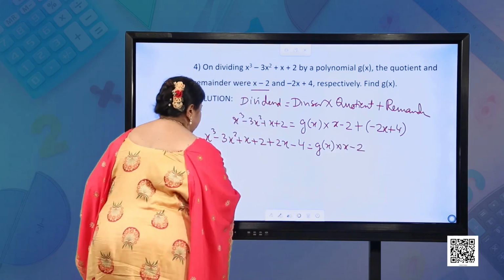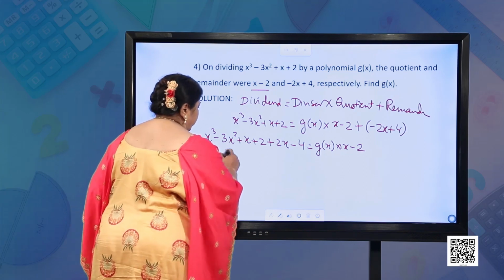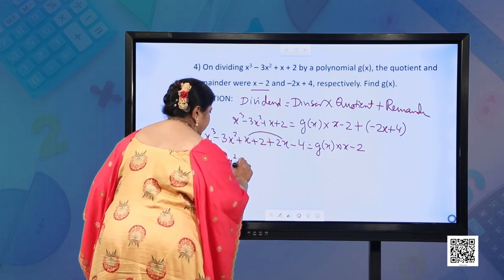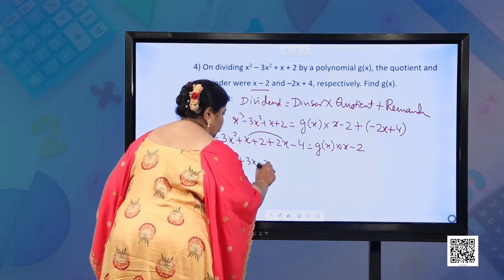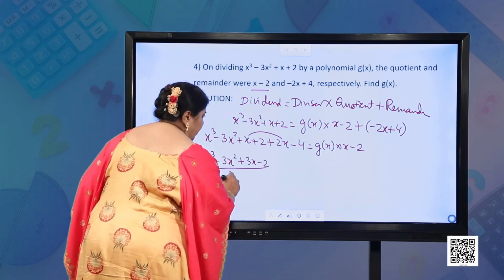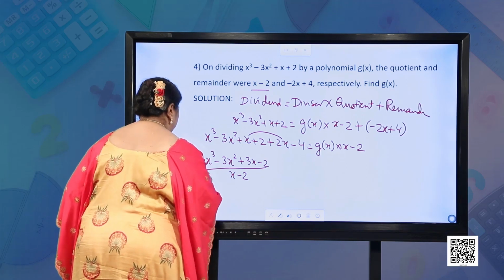Let us simplify this. It is x to the power 3 minus 3x square. What is 2x plus x? It is 3x. Minus 2, 2 minus 4 is minus 2. I will divide this by x minus 2 to get my g of x.